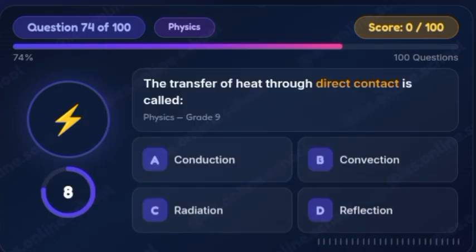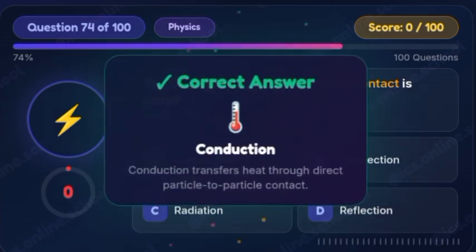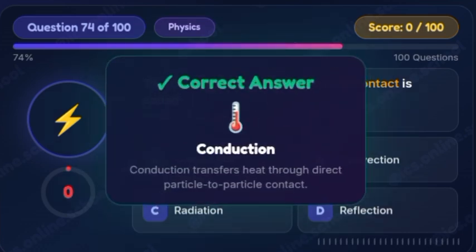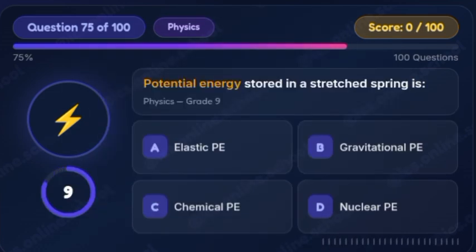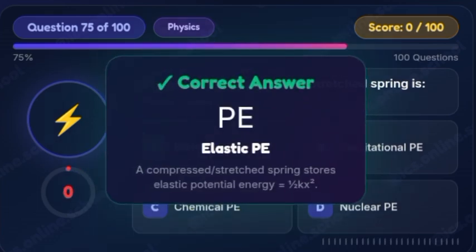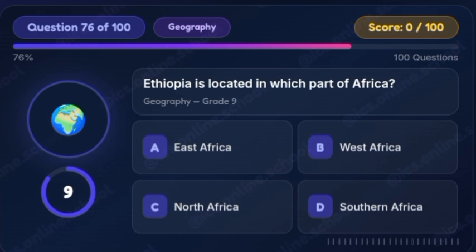The transfer of heat through direct contact is called conduction. Potential energy stored in a stretched spring is called elastic potential energy.